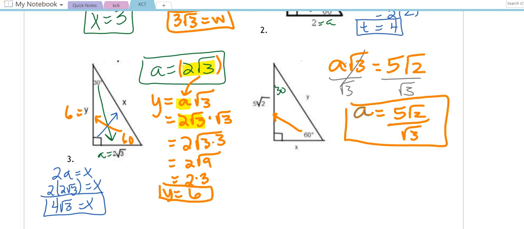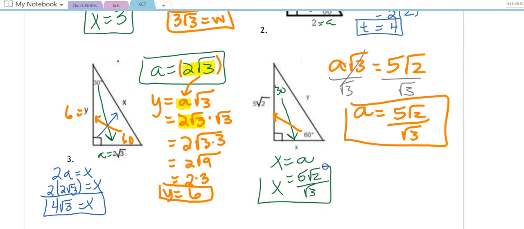So that's what a is. Across from my 30-degree angle is x, but x has to equal a. If we just said that a is 5 times the square root of 2 over square root of 3, that would be my final answer. So again, this is a 5, not a 6.